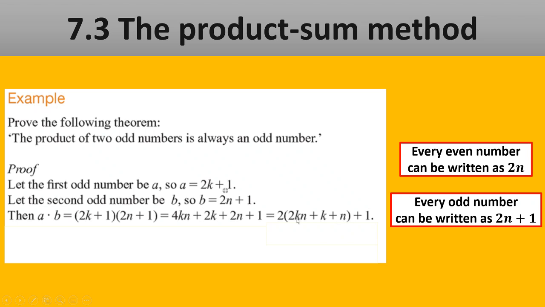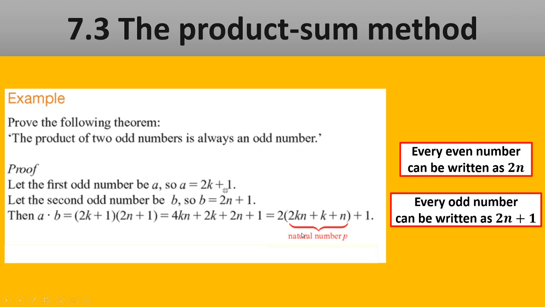You say, well, all those things together are going to be a number again, right? So if it's going to be any number, I don't care if it's odd or even, it's going to be a number. I can say 2kn plus k plus n is going to be the same as the letter, for example, p, any natural number p.